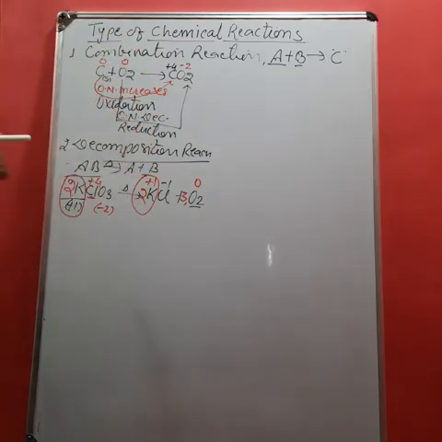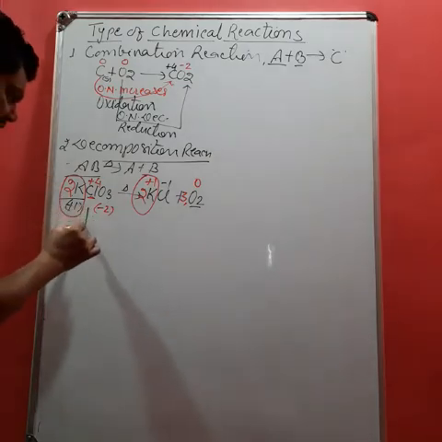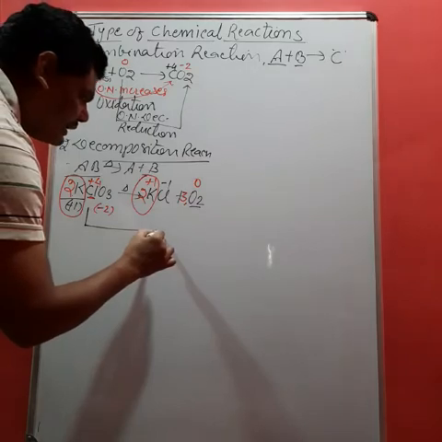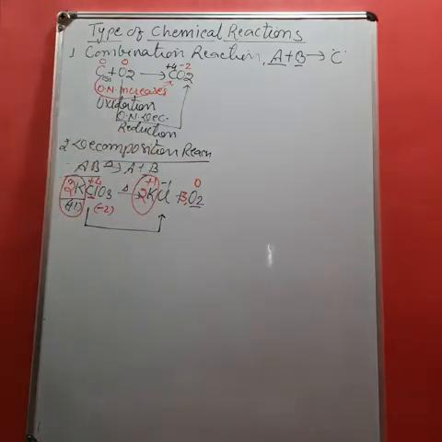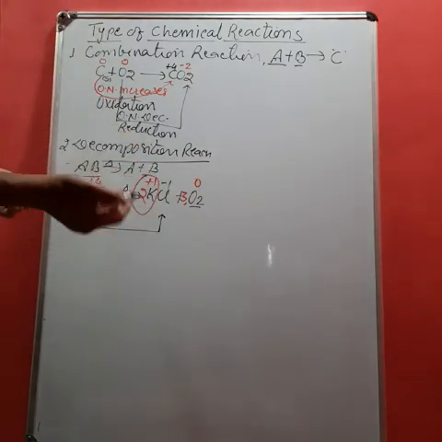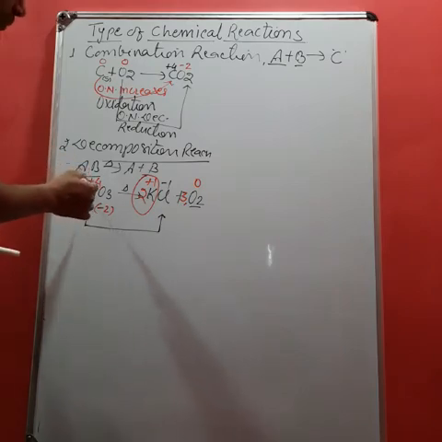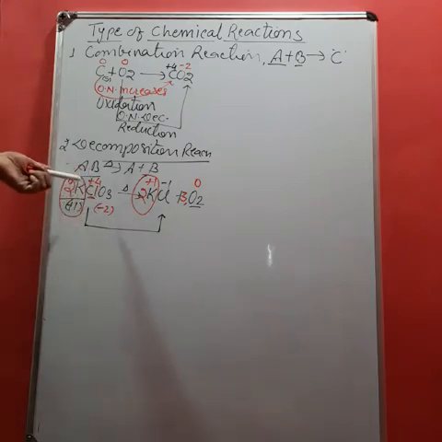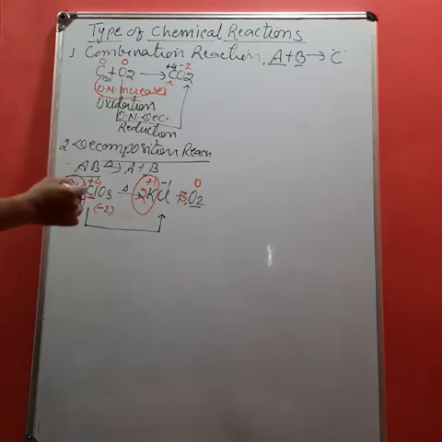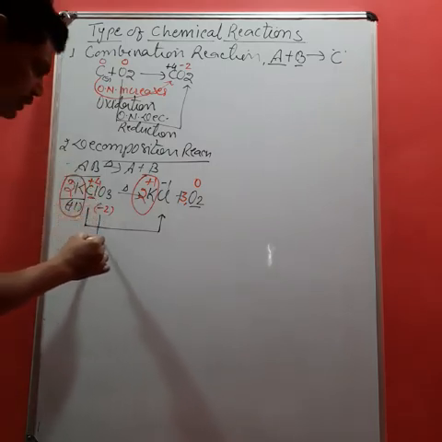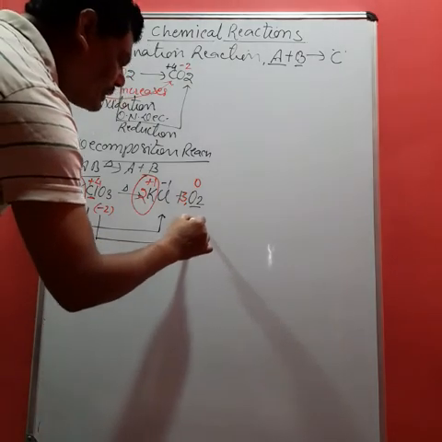So now Cl, earlier it is positive and it is getting converted into -1. Means the oxidation number here decreases. And oxygen, which was -2, becomes 0.